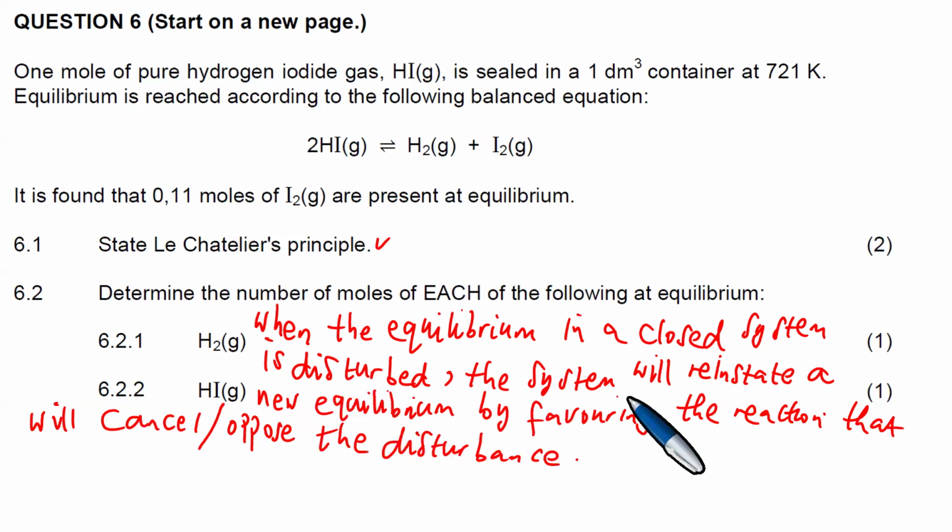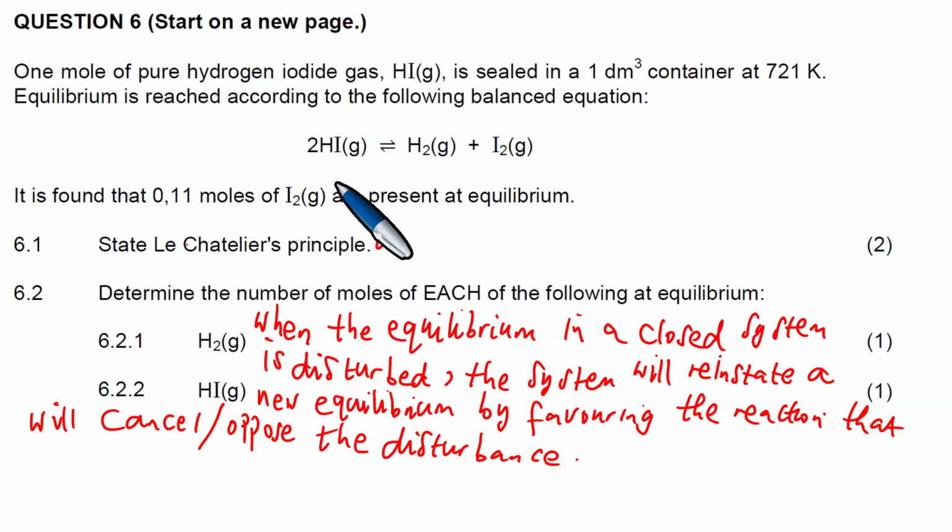When the equilibrium in a closed system is disturbed, the system will reinstate a new equilibrium by favoring the reaction that will cancel or oppose the disturbance, and this is called Le Chatelier's principle.